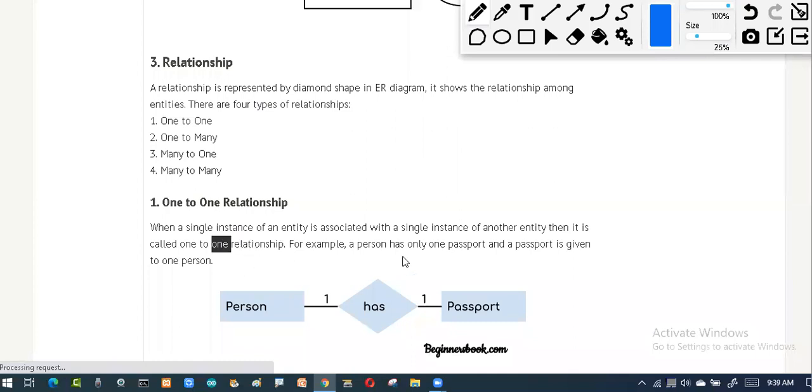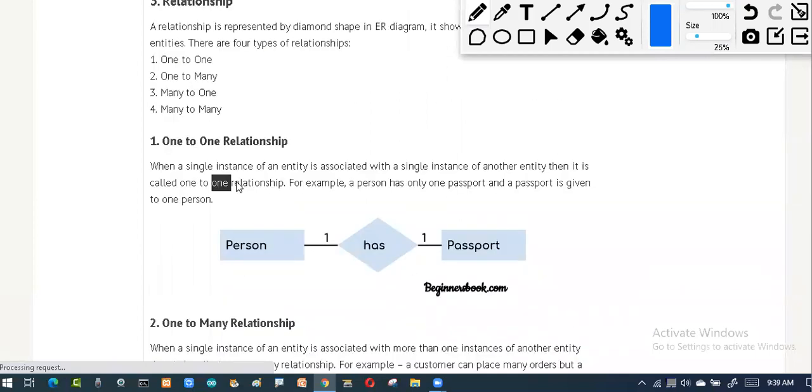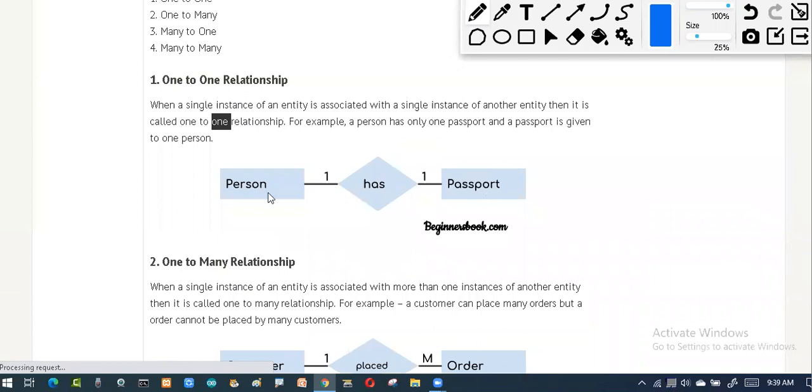Here I will have something like this. For example, a person and a passport. Person is an entity and passport is another entity. Many people, maybe those going for higher studies or for job purposes, want a passport, so the person has the passport.